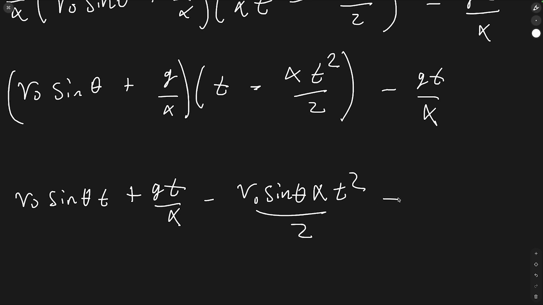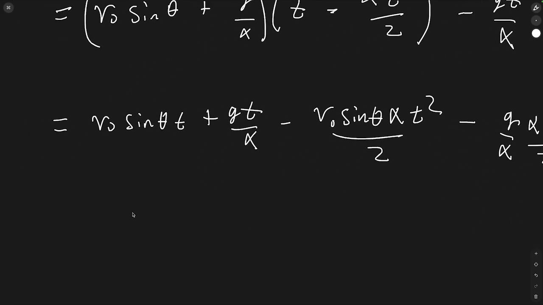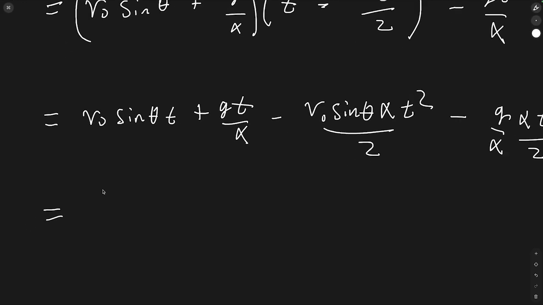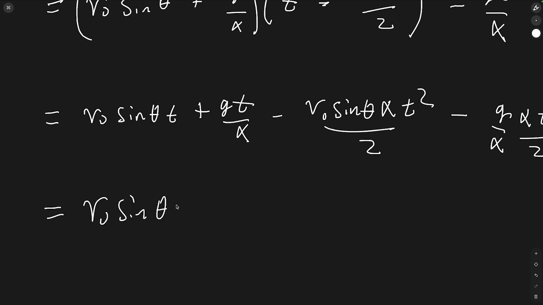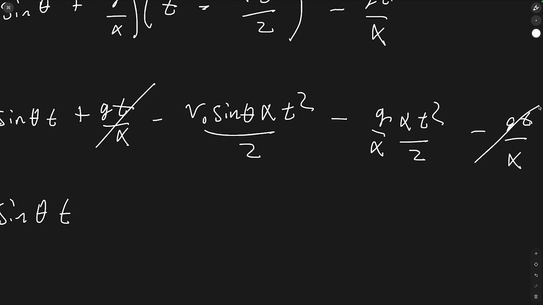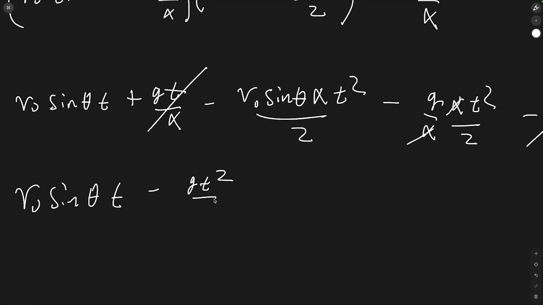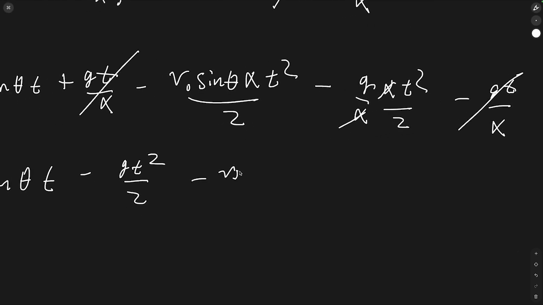And then minus, I'll just write g over alpha t squared over 2. And then minus gt over alpha, okay? So this will stay. We want that term to stay. Okay, gt over alpha minus gt over alpha cancels. We want this. This is this, right? And then minus v naught sine theta alpha t squared over 2. But this term is so small that it goes to 0.